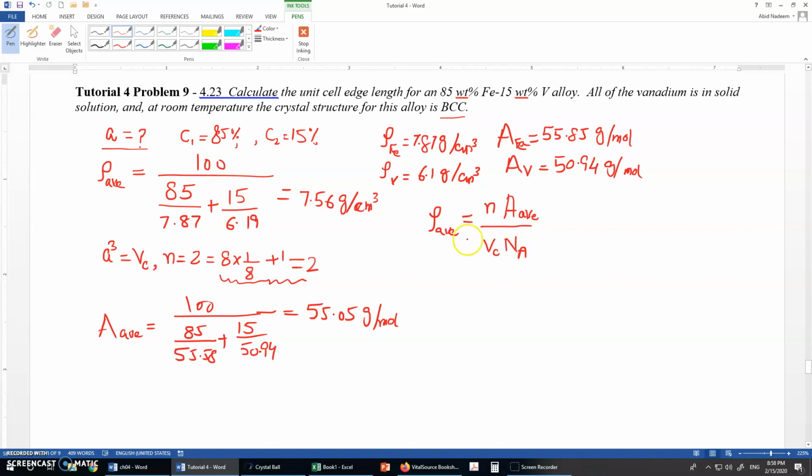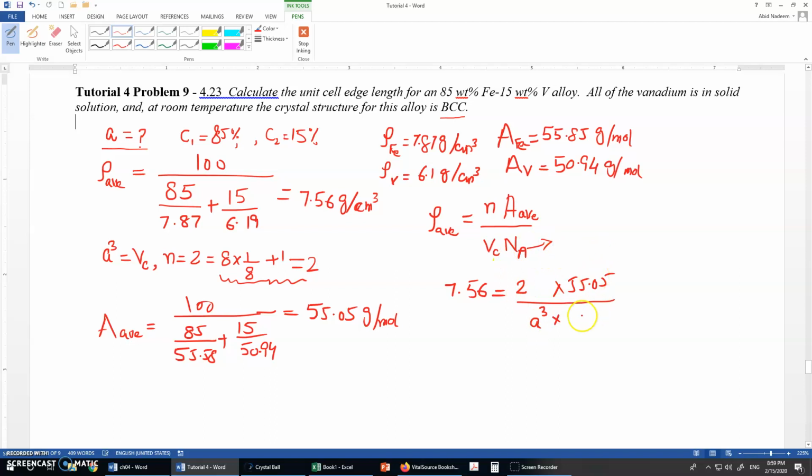Now we have everything in this expression. Rho average is 7.56, n is 2, A average is 55.05, and Vc is a cubed. And what is Na?